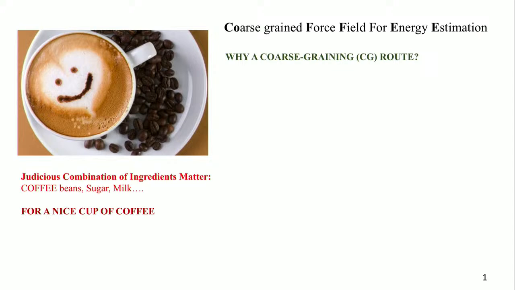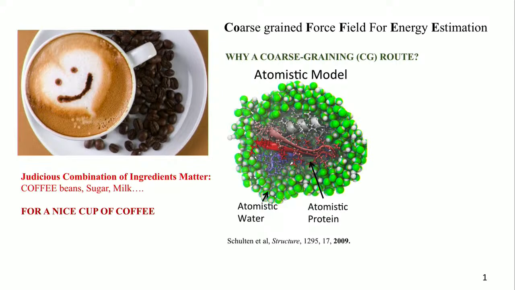So the other question is, why did we choose a coarse graining route? This is a representative atomistic model of a certain protein, where the protein molecule, the water, and the surroundings are represented in all atom detail.